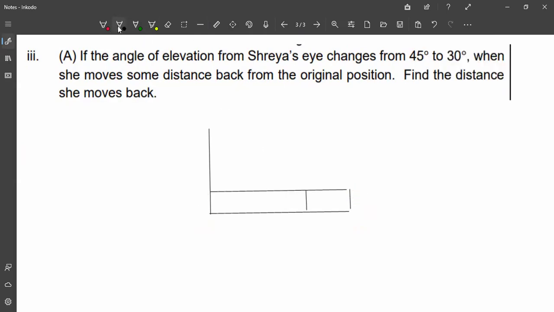This small portion represents 1 meter, and this is also 1 meter. This whole structure is 42 meters, so this part would be 41 meters.